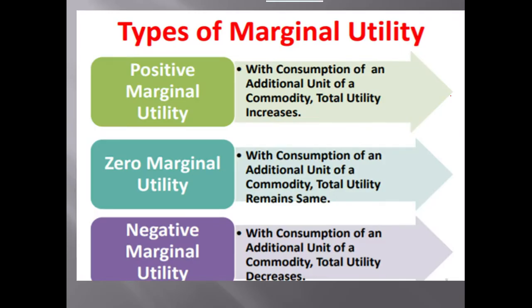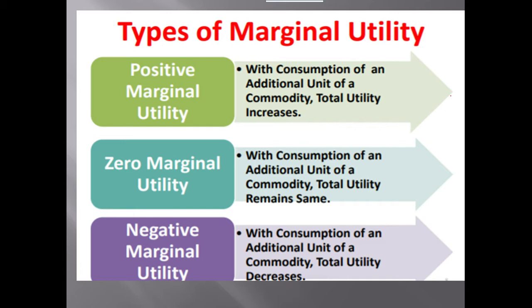Marginal utility might be positive, zero, or negative. With the consumption of an additional unit, if total utility increases, it means marginal utility is positive. The additional unit gives the individual positive satisfaction. But in contrast, if total utility decreases with the consumption of an additional unit, it means marginal utility is negative.